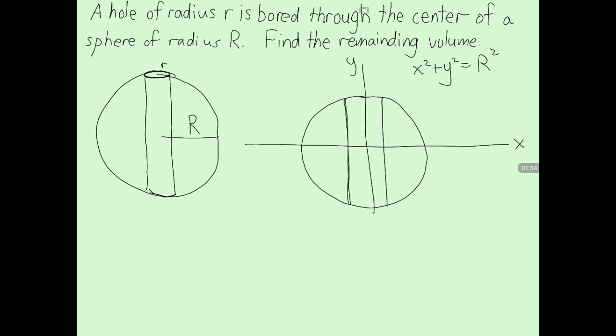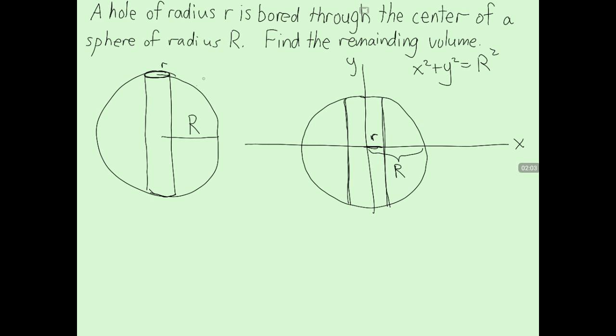If we reduce this problem down to 2 dimensions, essentially what we are doing is creating a hole of width r through this circle of radius big R. So we're tunneling this little circle through this sphere of radius big R, and this little circle has the radius little r.